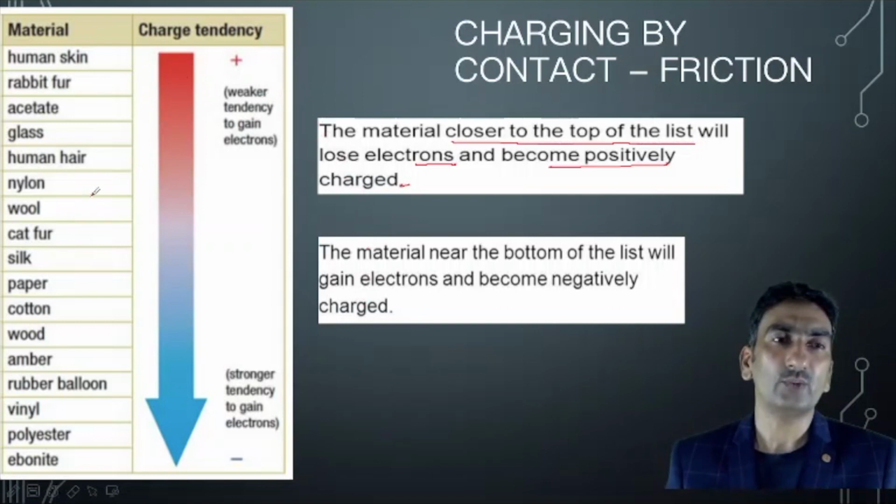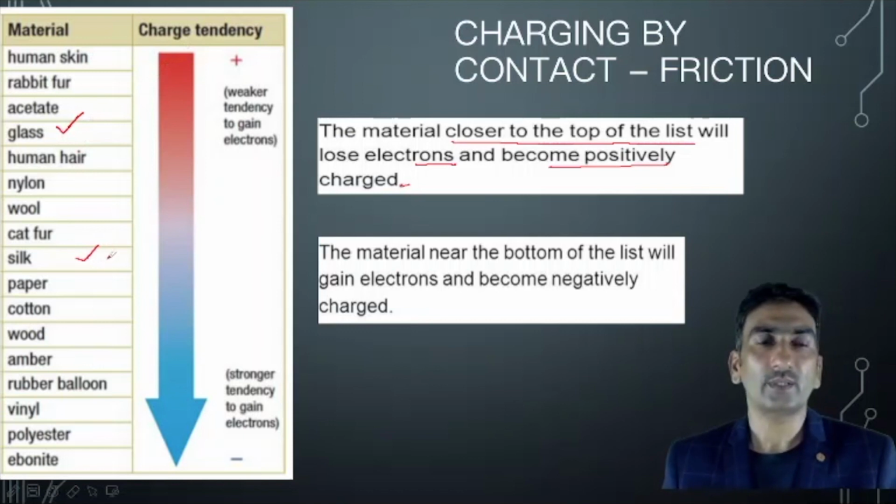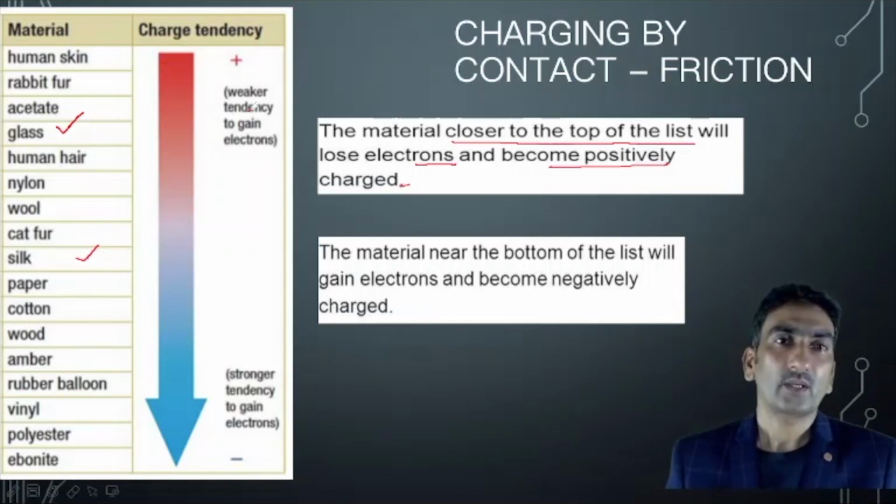If we choose any two objects, let's say glass and silk, as we did in the previous section, glass is closer to the top and the silk is closer to the bottom. So glass becomes positively charged and the silk becomes negatively charged. Why? If we rub glass and silk, the object closer to the top has a weaker tendency to gain electrons.